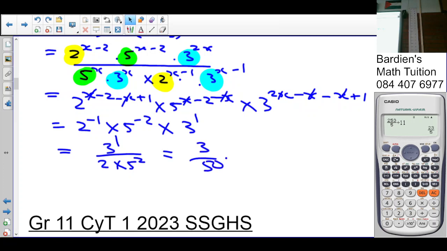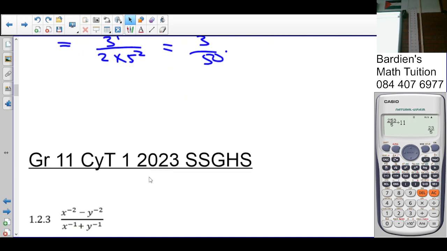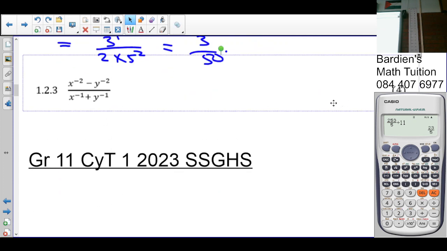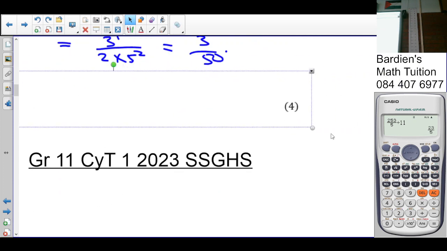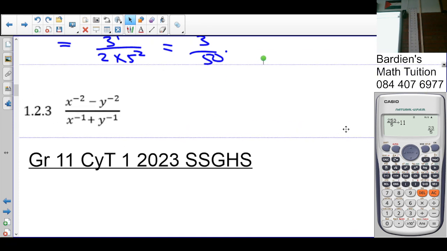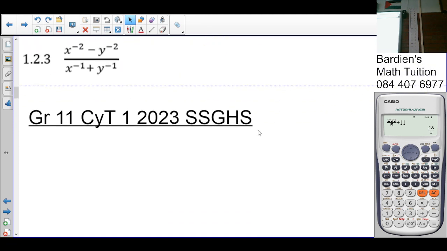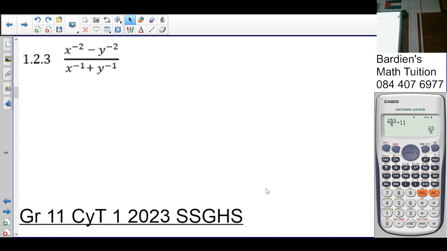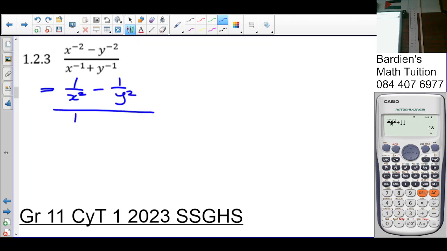Okay, let's carry on. The next one is number 1.2.3. As we know that x squared doesn't go all the way down, it is 1 over x squared minus 1 over y squared, all over 1 over x plus 1 over y.